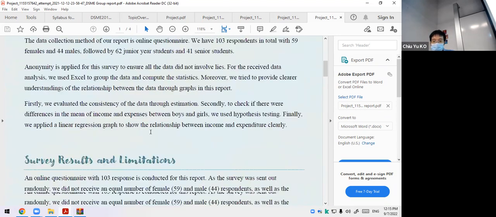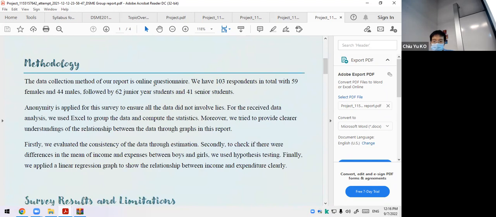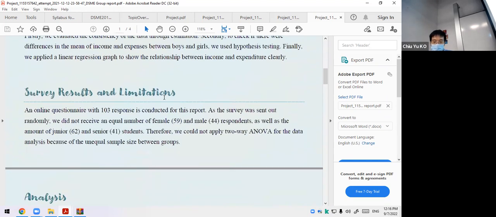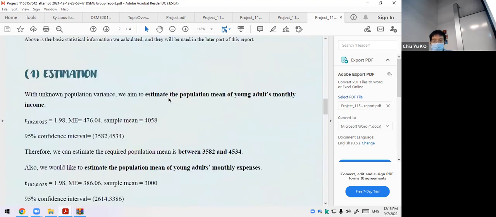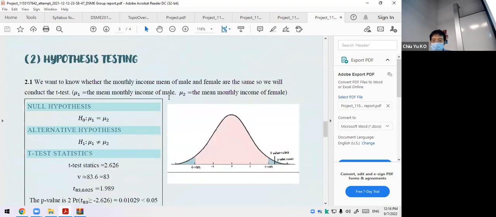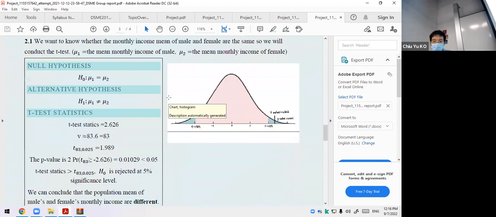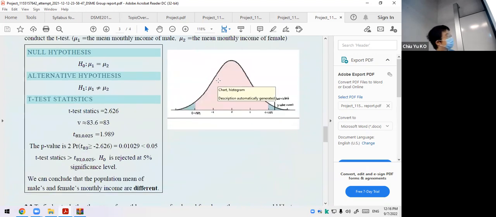What they do is collect some data by questionnaire. I don't know where they did it, but they didn't say. But the result they got is very interesting. They show the data. Probably at the end of the course you will know what the graph means. But what they show is that men earn more in the data.